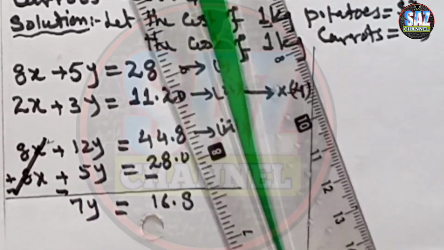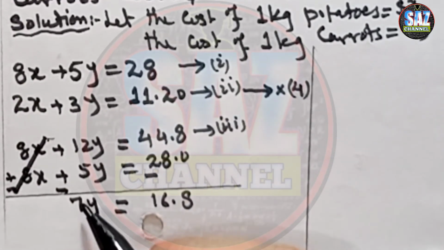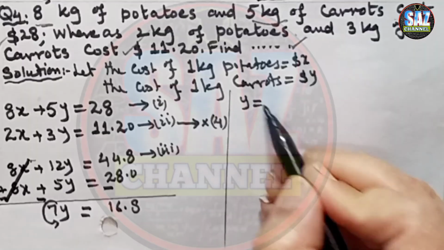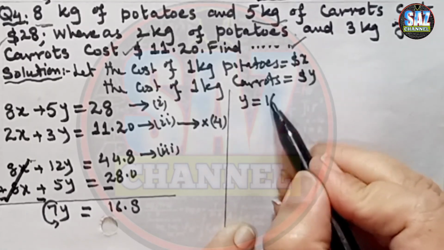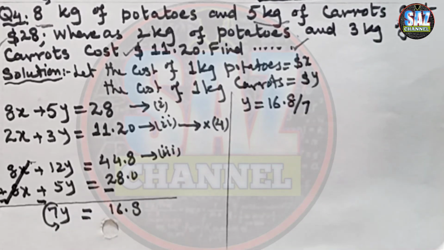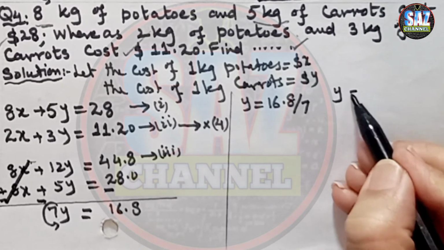In order to get the value of y, we have to shift this 7 to the other side. So y will be equal to 16.8 upon 7, and when I'm dividing 16.8 by 7, y will have the value 2.4.